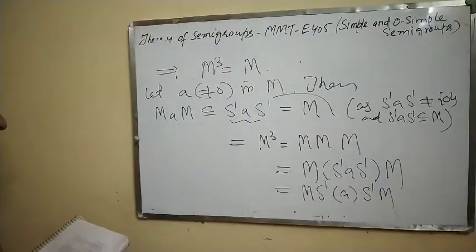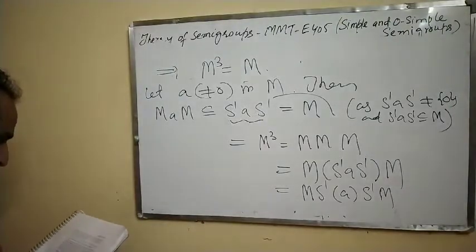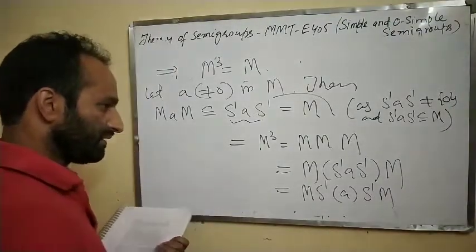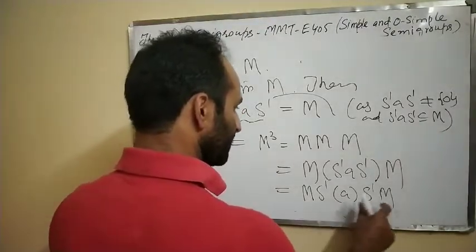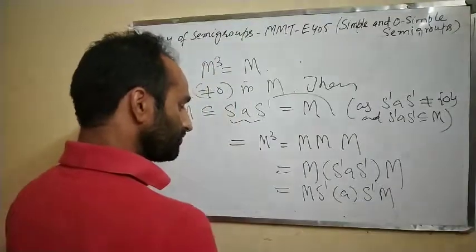But M S1 is a subset of M, in fact, because it's an ideal, so M S1 is a subset of M. S1 M is a subset of M, because M is a two-sided ideal.